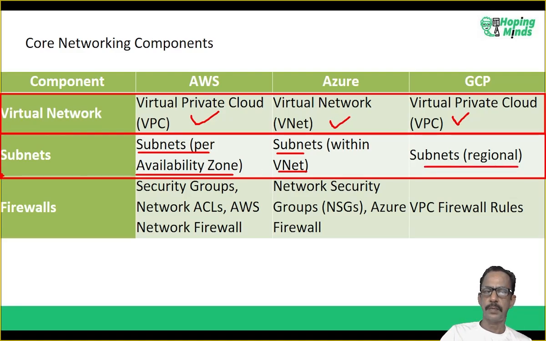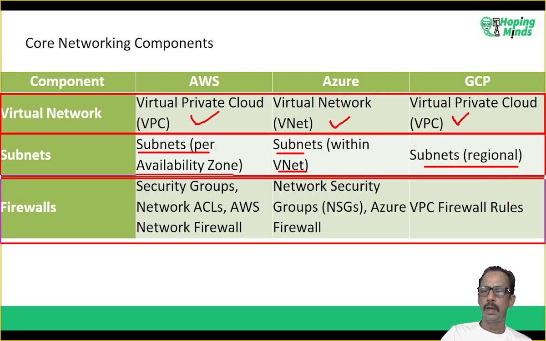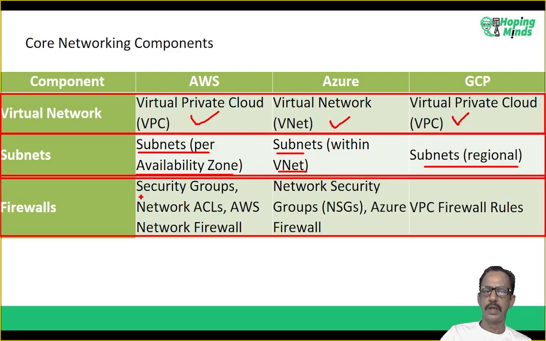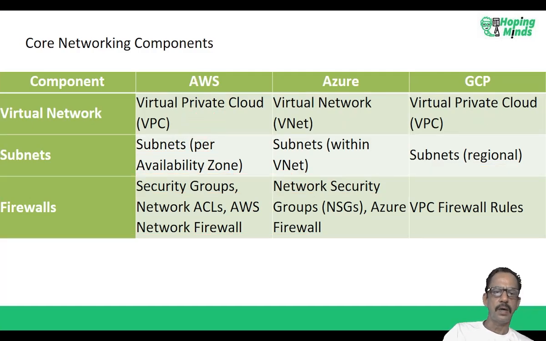Then we also discuss the firewall, the security group part in networking. In the next video we will discuss the compute part, EC2, and I will discuss security groups at that time as well. Right now we are mainly focusing on the VPC and subnet part in this video session.